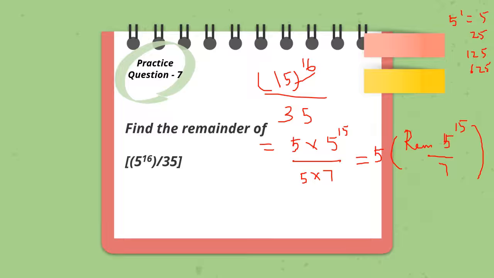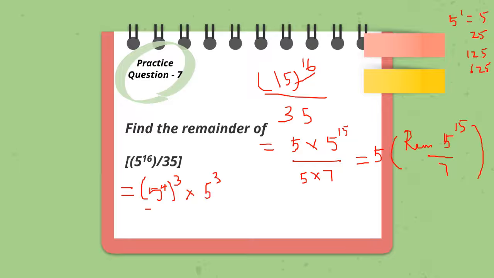So I'll continue from here. 5 to the power 15, I can write this as 5 to the power 4 to the whole cube, into 5 to the power 12... sorry, 5 to the power 3, that is 5 cube, divided by 7. I think this step must be clear.